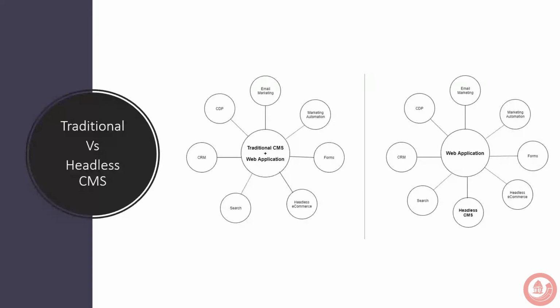In a traditional CMS implementation, like Sitecore XP or current Sitecore XM, we build the application on top of the CMS. There is really no separation between the CMS and the application. So everything is one, which is the left diagram.